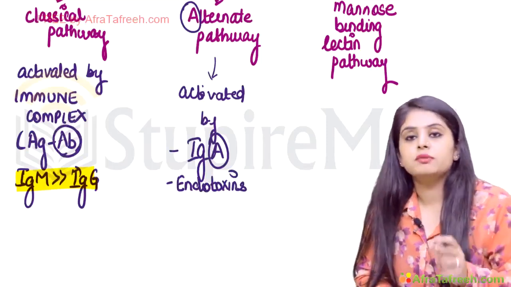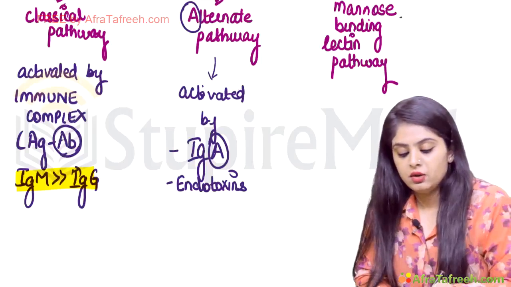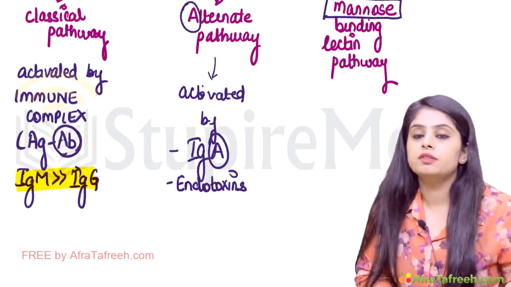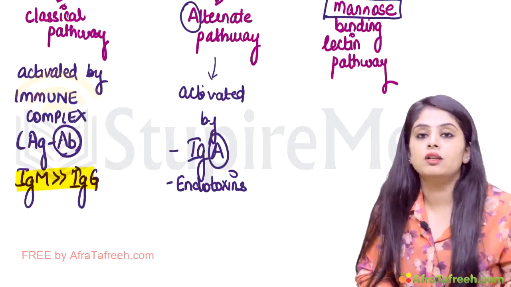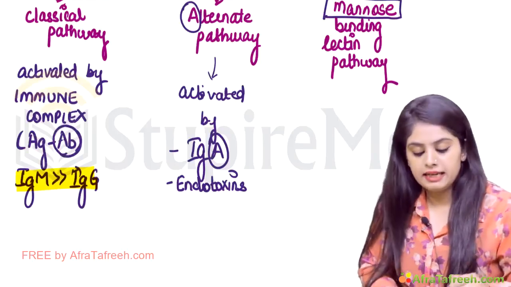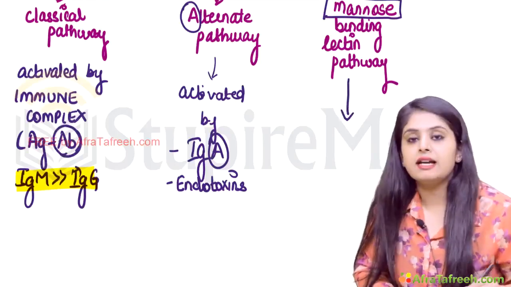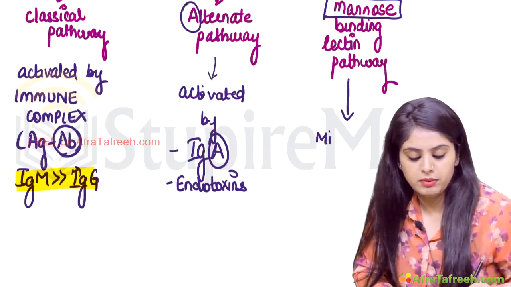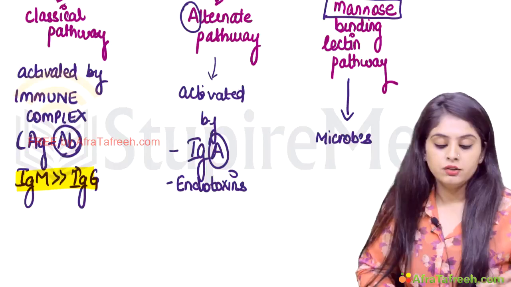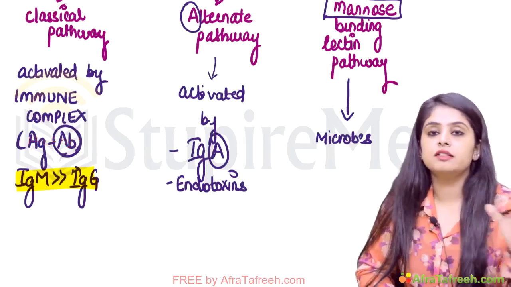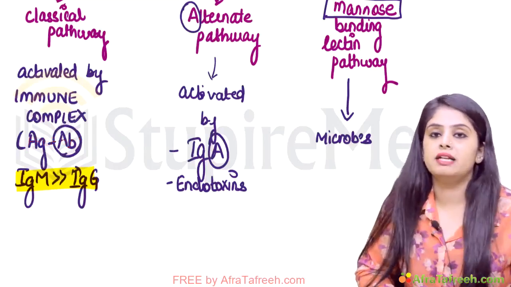Lastly, we have the mannose binding lectin pathway. Where have we otherwise read mannose? Mannose is present in, I hope you can recall, the bacterial cell wall. So the mannose binding lectin pathway is going to get activated in response to microbes which contain mannose. So we have these three pathways: classical, alternate and mannose binding lectin.